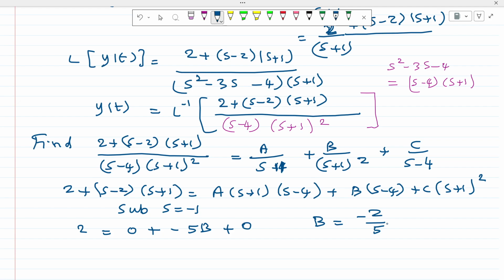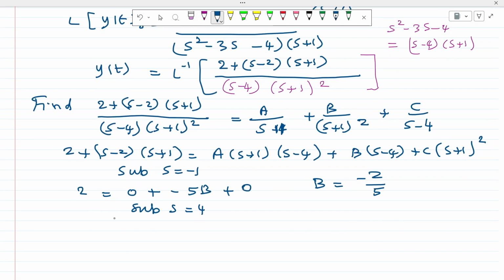Then substituting s equal to plus 4, what do you get? 2 plus (4 minus 2) into (4 plus 1), that is 2 plus 2 into 5, so 2 plus 10, which is 12.